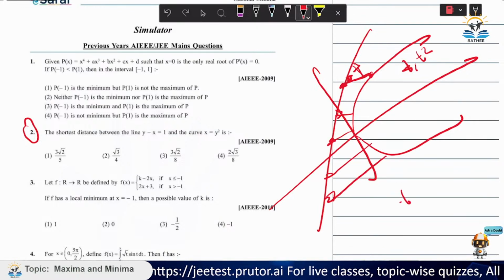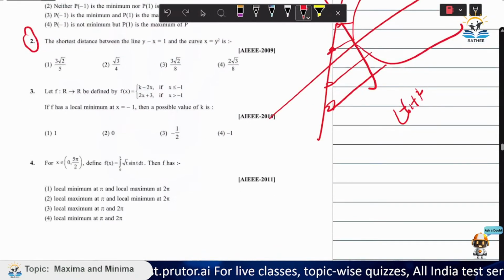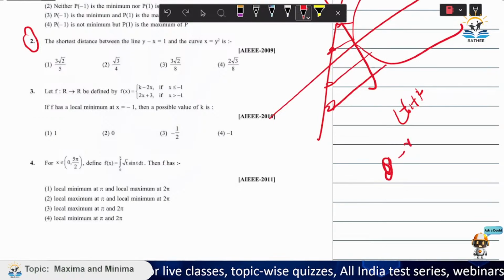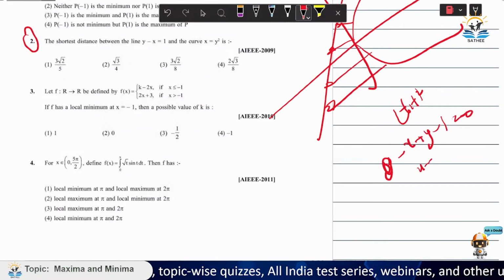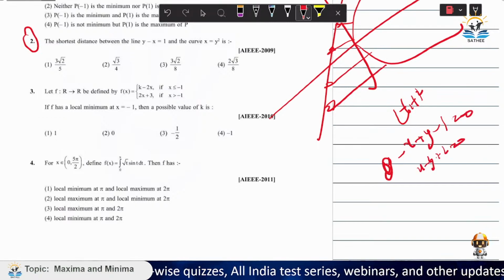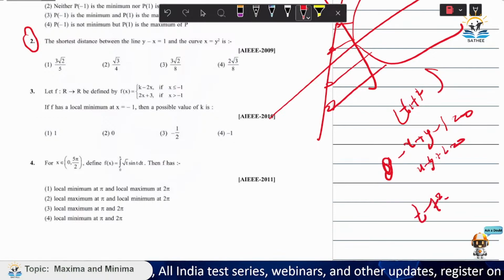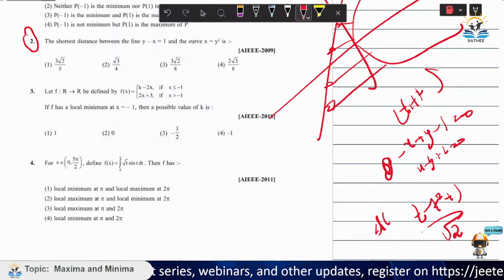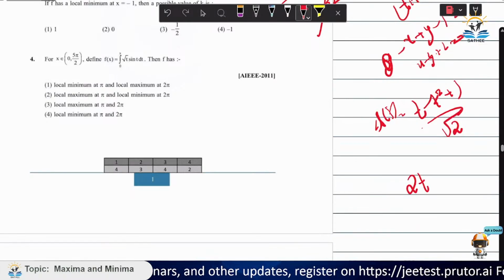So we write the line as x minus y plus 1 equals 0, and we put these values here. So we have the modulus of t minus t square plus 1 over root 2, and this is the distance d, and we minimize this.